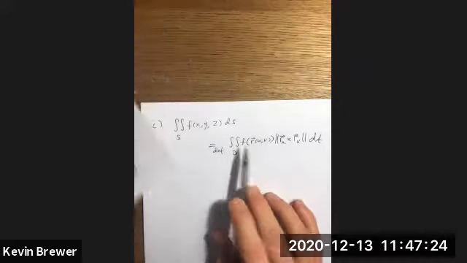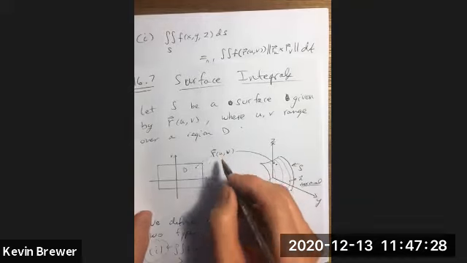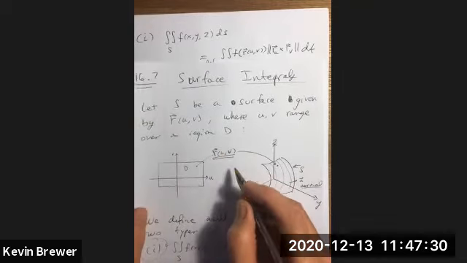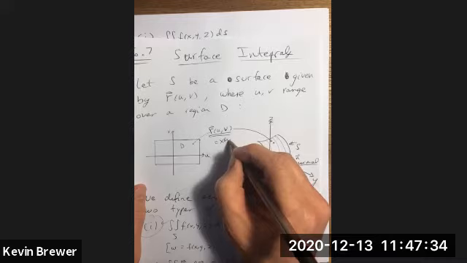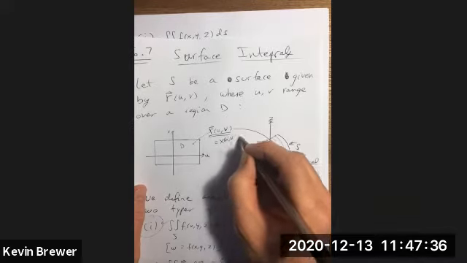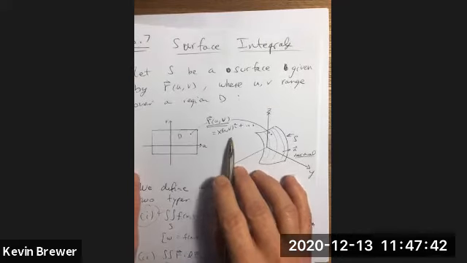Of course, what this means is the function r is going to be given as x as a function of u and v plus y as a function of u and v plus z as a function of u and v.